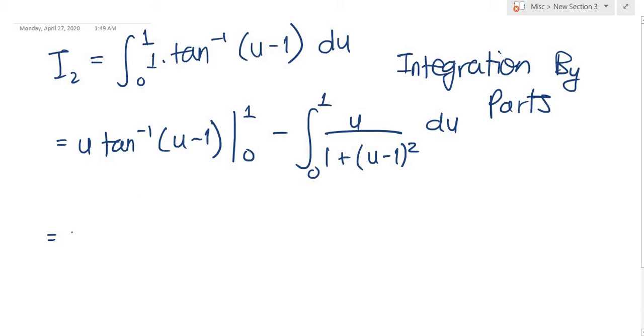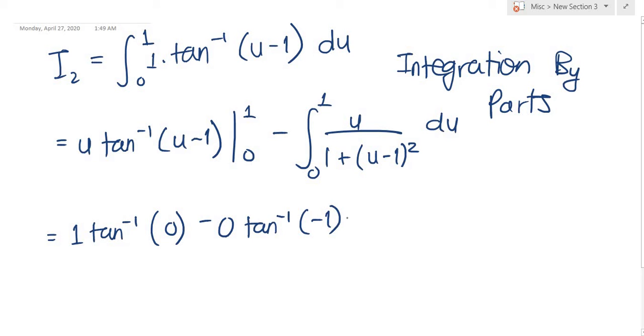Now we can plug in 1 here. 1 times the inverse tangent of 1 minus 1 is 0. Then minus 0 times the inverse tangent of negative 1, minus the integral from 0 to 1 of u du over, why don't we expand this thing, 1 plus u squared minus 2u plus 1, and this 1 makes this thing 2.